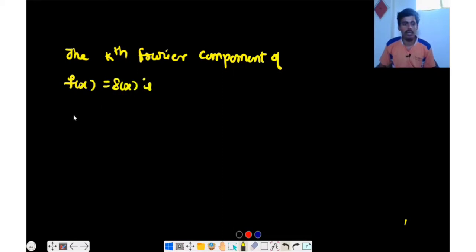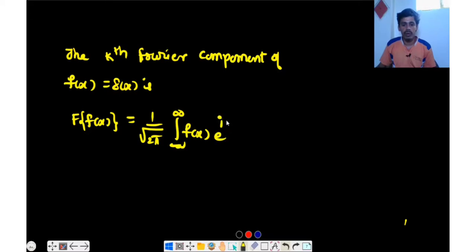Already we know the Fourier transformation of f of x is equal to 1 by root over 2 pi, integral from minus infinity to plus infinity of f of x into e to the power ikx into dx.